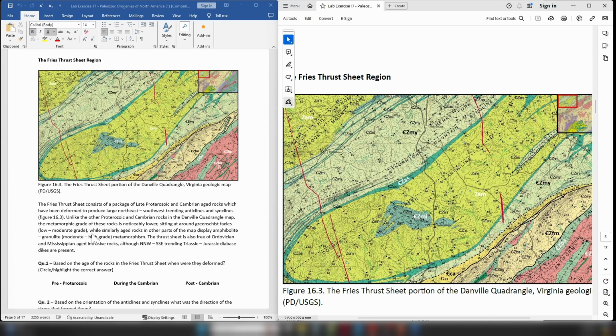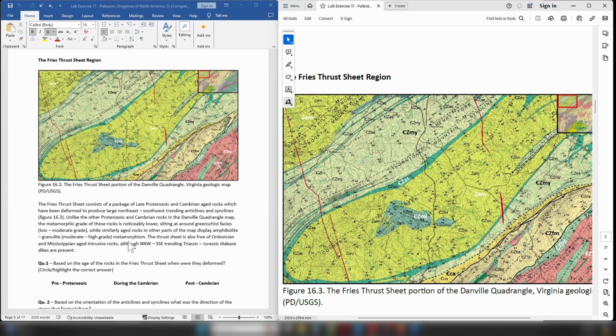Now, when we compare that to the rest of the rocks within the map area, they tend to show amphibolite to granulite facies metamorphism. So that's moderate to high grade metamorphism. That would suggest they are more proximal to the mountain range, the highlands. And so you can see straight away that based on the metamorphic grade alone, the Fries thrust sheet isn't actually fitting in with the rest of the map.